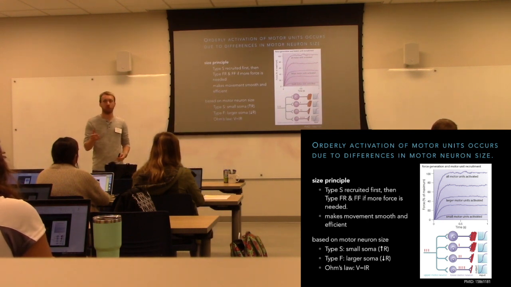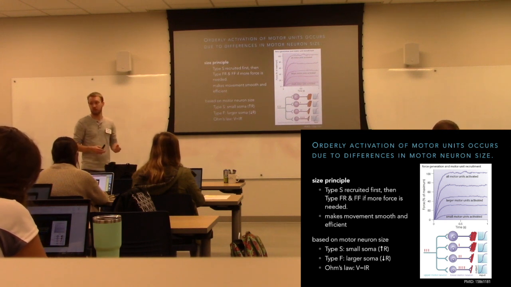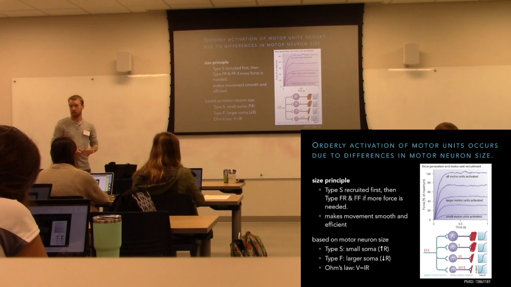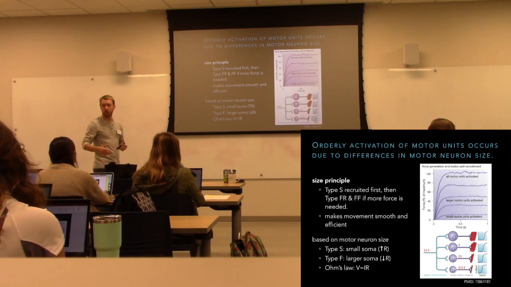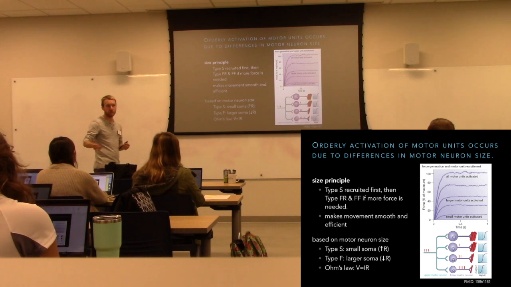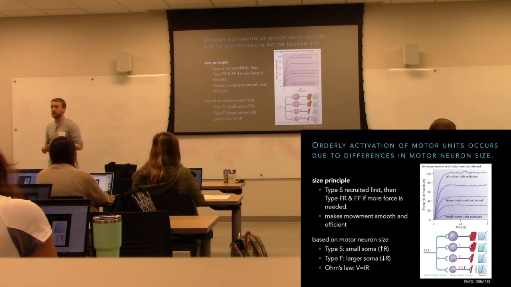They will hit threshold before these larger neurons, lower resistance. We don't get a potential buildup because that charge is free to flow within the cell. And this allows us to smoothly move, no jerky movements. First the weak components, then as needed we recruit the stronger muscle fibers.